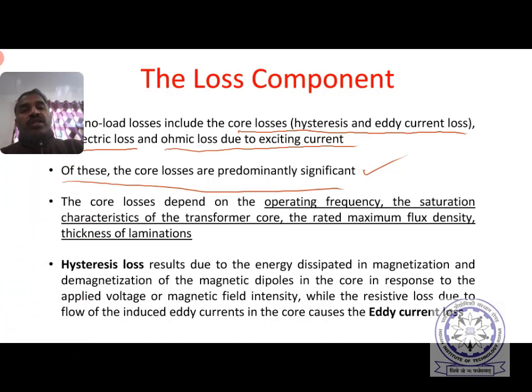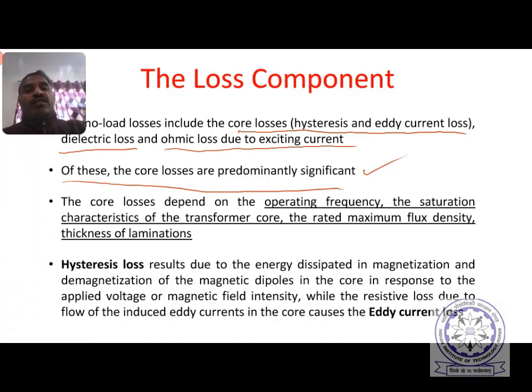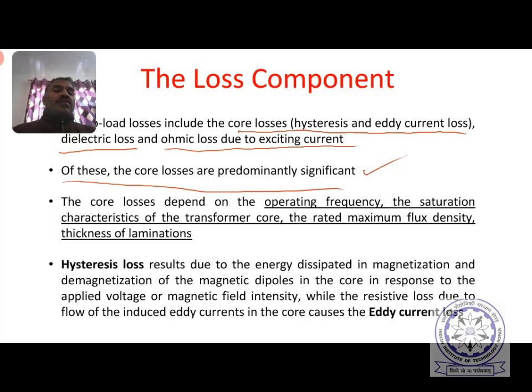So please remember, it is not the ratings of the transformer on which it depends, but it depends on the maximum flux density, operating frequency, the saturation characteristics of the transformer core, the thickness of laminations, and so on.